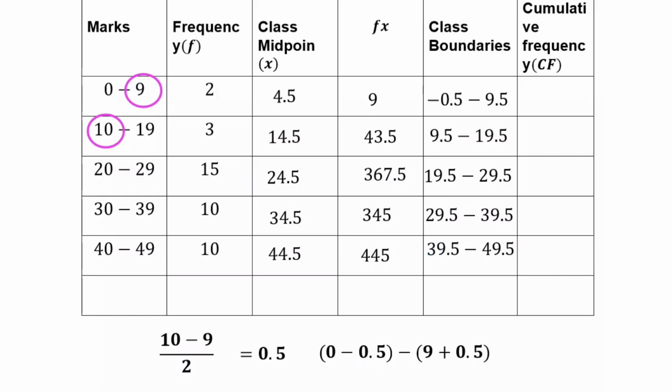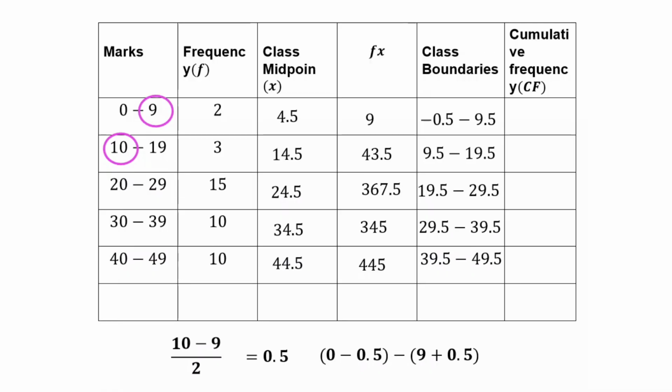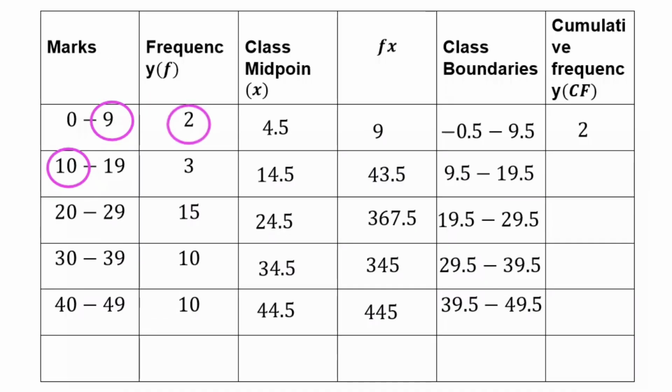Now that we have calculated our class boundary, what is next? Our next thing is how to calculate our cumulative frequency. Very easy, and I've explained that already. So let's find the cumulative frequency. As I said, for cumulative frequency we start from the 2 of the frequency, then we keep adding.